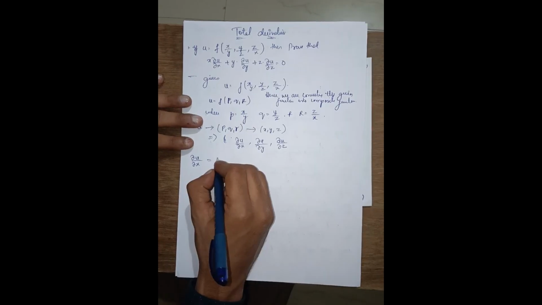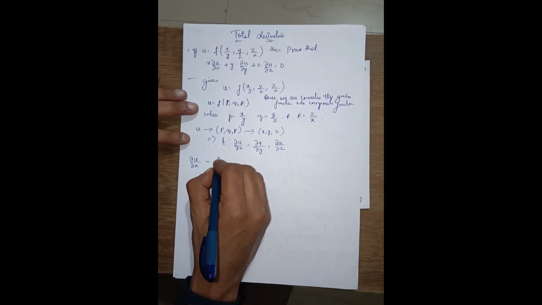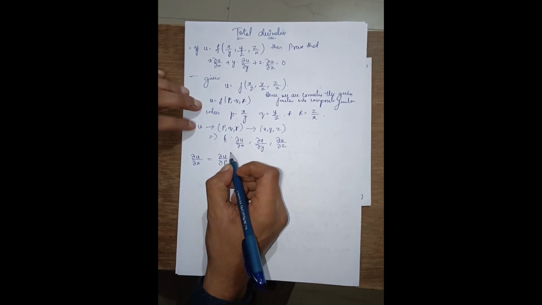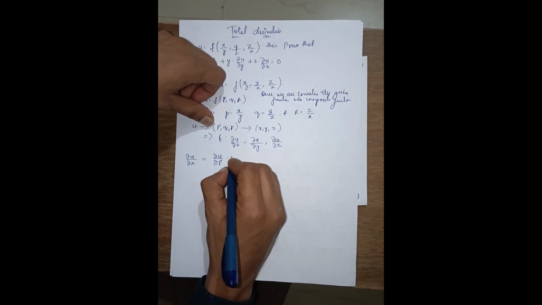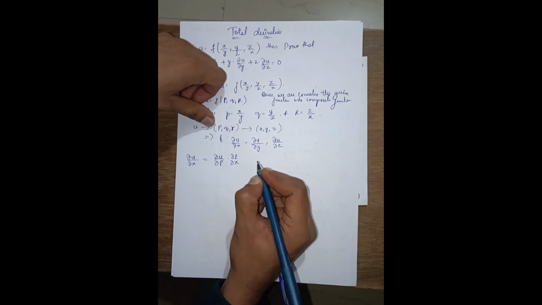In the same way, total derivative says that dou u by dou p into dou p by dou x.